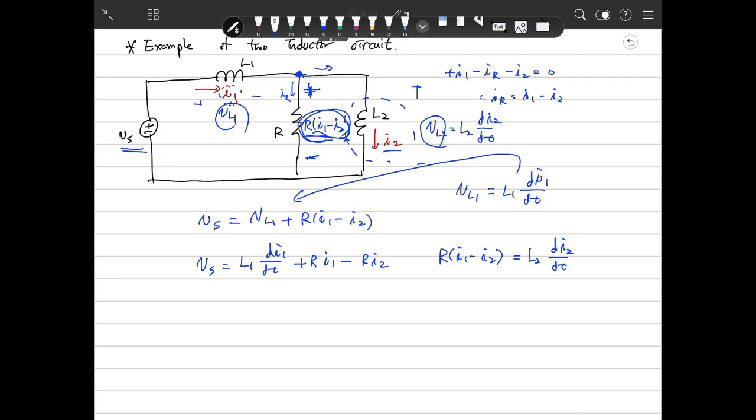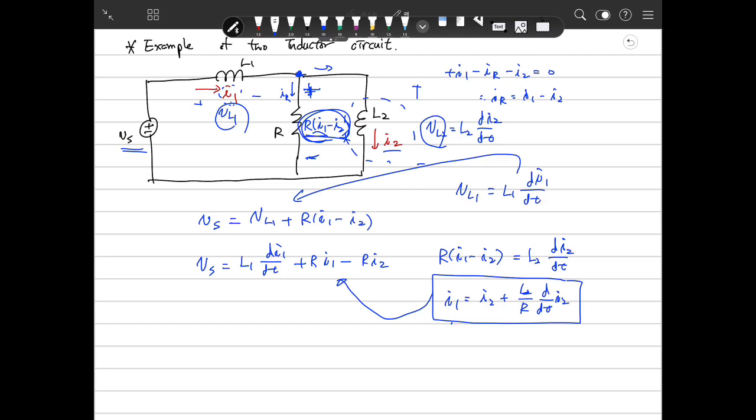So I1 will be I2 plus L2 over R dI2/dt. This is the additional first order differential equation to describe the relationship between I1 and I2.